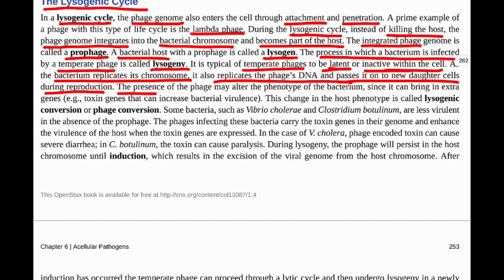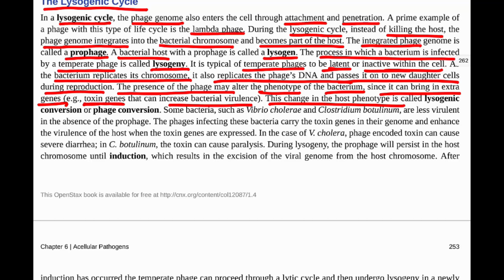They do note here that the presence of the phage may alter the phenotype of the bacterium because the phage can bring in extra genes. It brings in other genes like toxin genes that can then increase bacterial virulence. So this change in the host phenotype, when a bacteria changes what it expresses due to a phage being in it, which again is called a prophage, and when the bacteria cell has a prophage in it, it's called a lysogen.